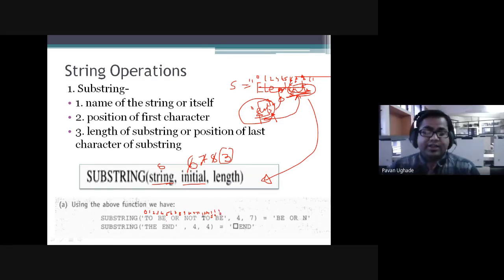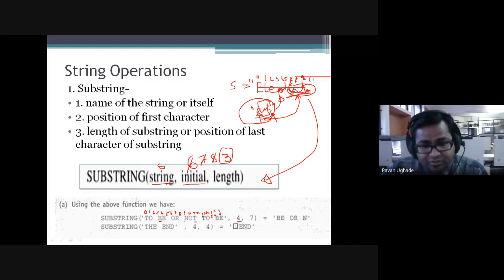Okay, total 18 characters are there, numbered from 0 to 17. It is asking us to start from the fourth, which was the initial. So if I start with the fourth, definitely it starts with the b. The length of the substring is 7, so 7 plus 4 is 11.